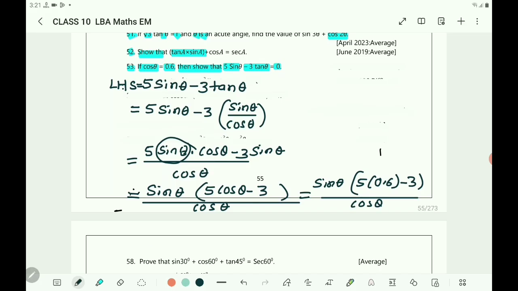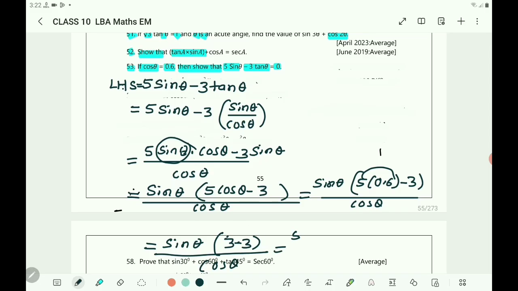Then that is equal to, write this sin theta as it is, sin theta into 5 into 0.6. 5 into 0.6 is 3, and this minus 3 by cos theta equals 3 minus 3 is 0.